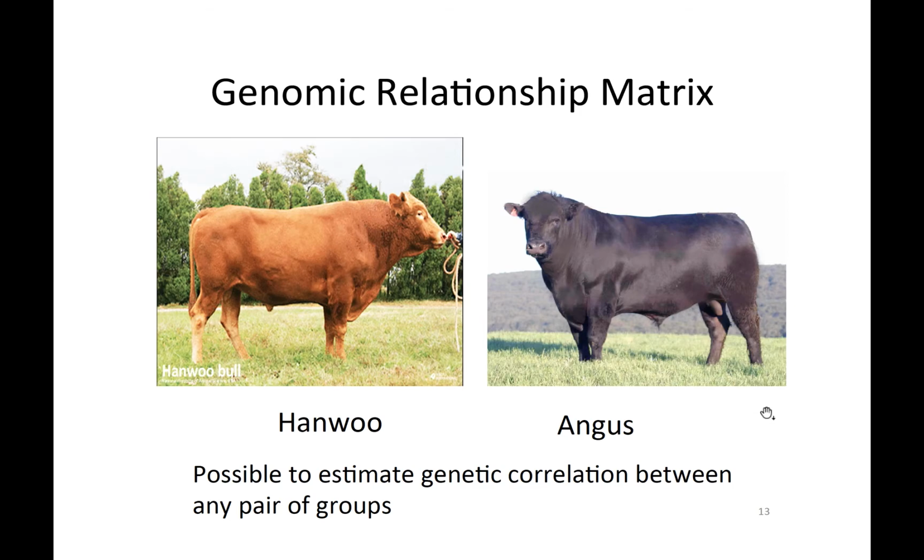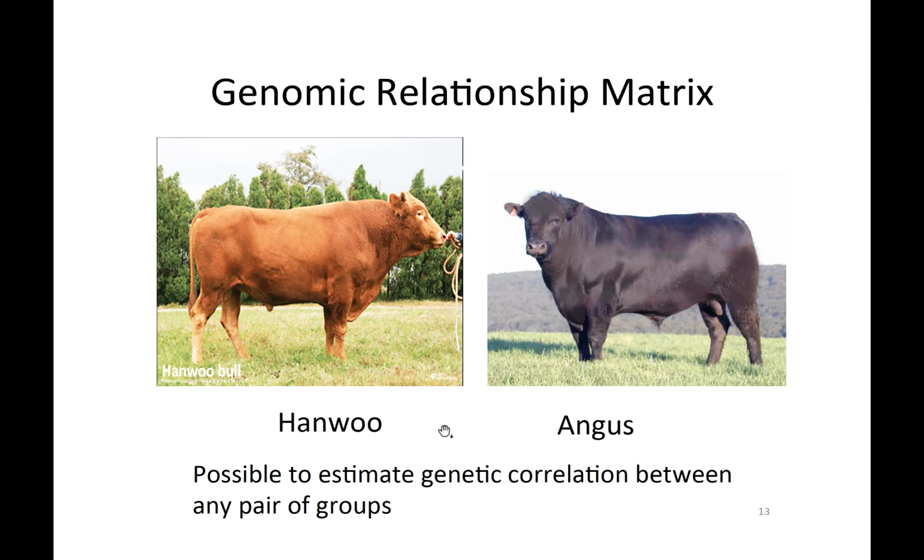Also, this is in the context of livestock genetics or animal genetics. Probably some of you are interested in pursuing your research in this field as well, so I include this one. Previously, based on pedigree or traditional design, it was never possible to link different breeds, for example Hanwoo, which is Korean cattle, and Angus, a popular breed in America, Australia and other countries.